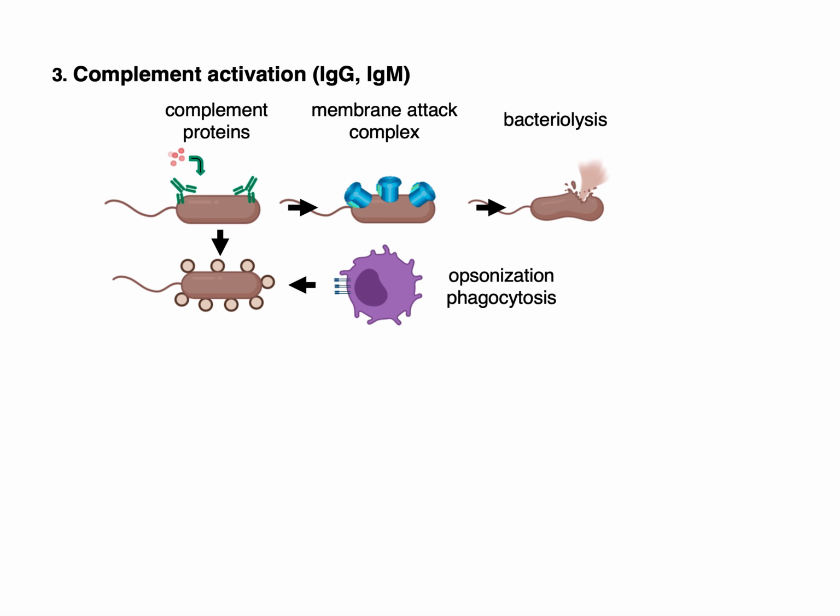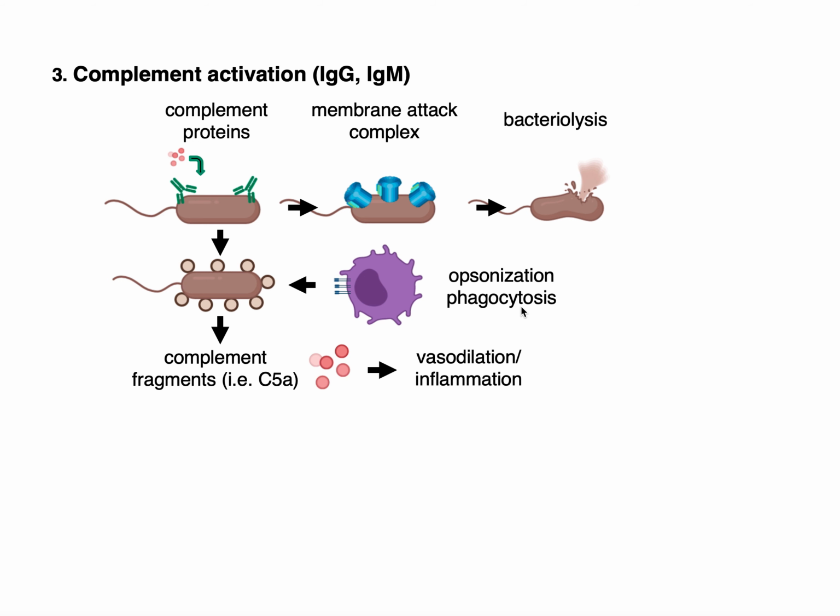Complement activation can also lead to, again, opsonization. So just like these antibodies can opsonize the bacteria, these complement fragments that are bound to the bacteria will also opsonize it and lead to enhanced phagocytosis. And complement fragments will then also lead to localized inflammation by inducing vasodilation of local capillaries.